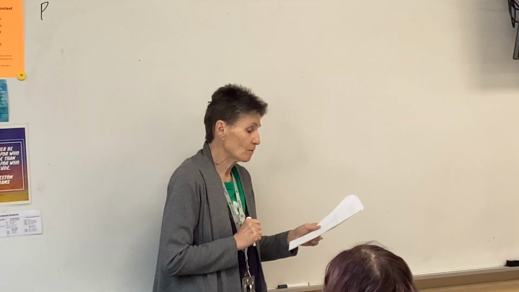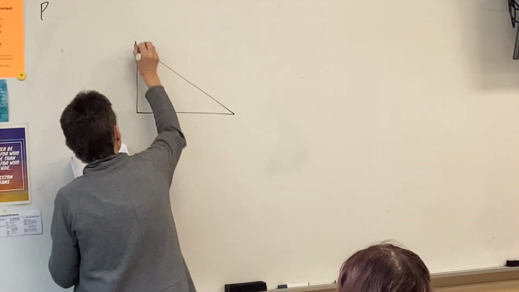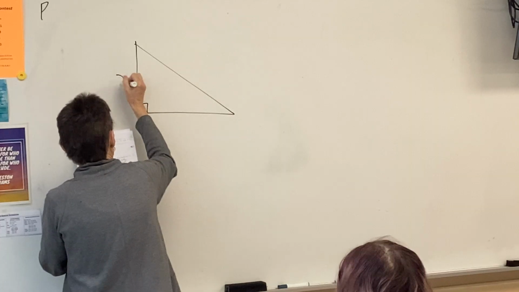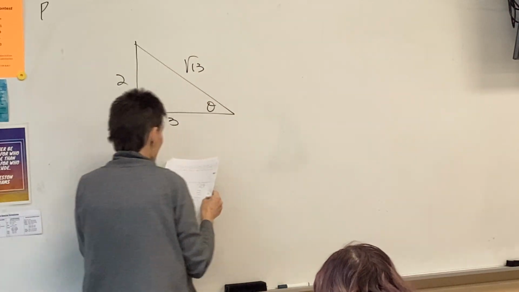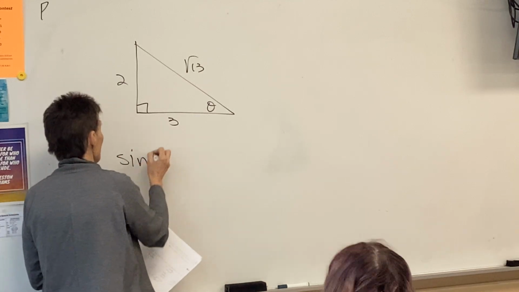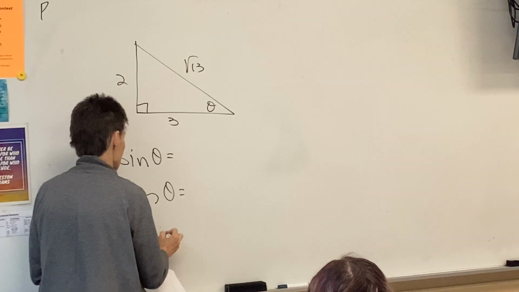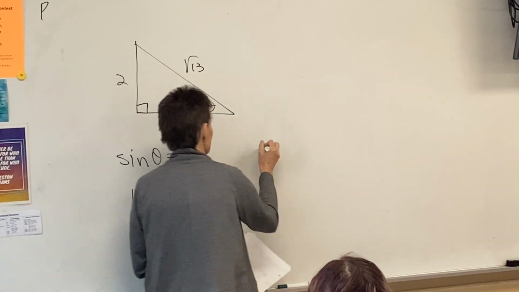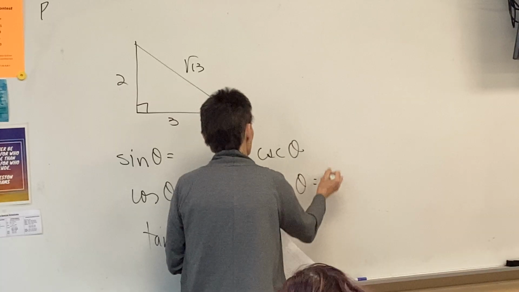I am on notes page 4, section 4.2. There is a triangle drawn. Directions say find the value of all 6 trig functions. This is on your sheet.